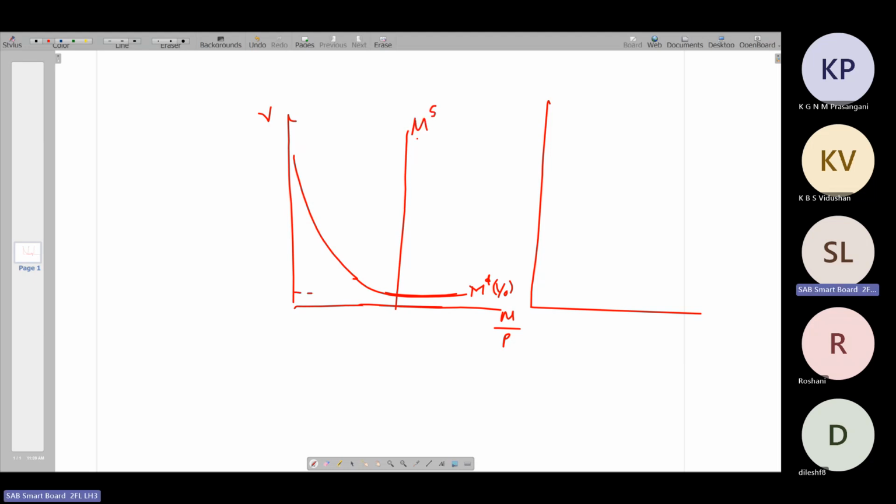So the interest rate is R0. Even though there is a rise in the income level, MD at Y1, people expect there will be a rise in the interest rate, which makes capital losses.